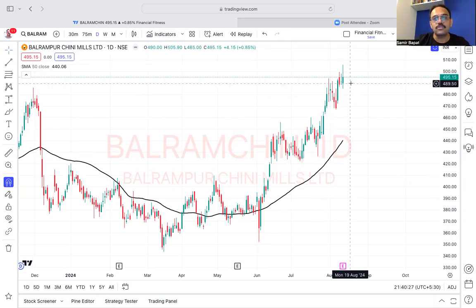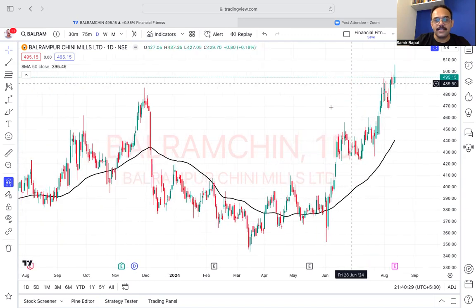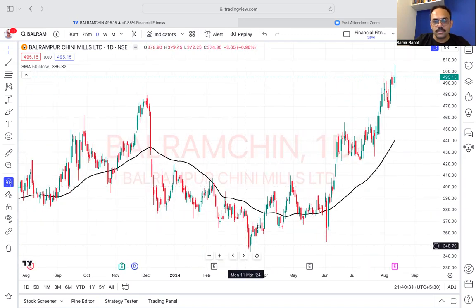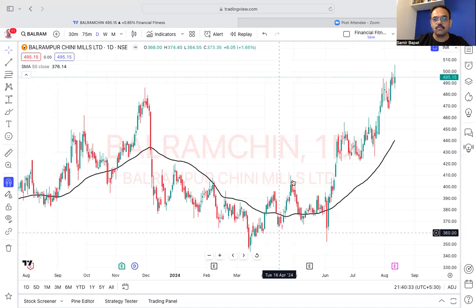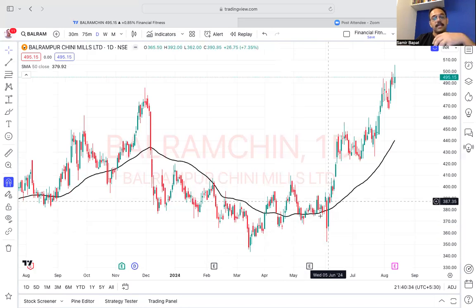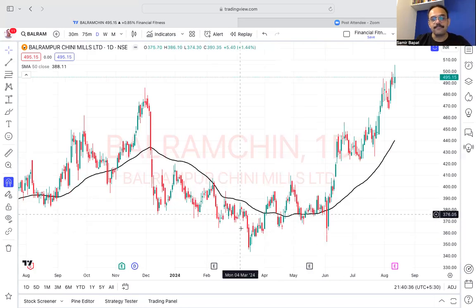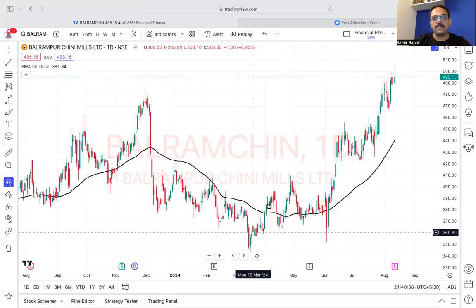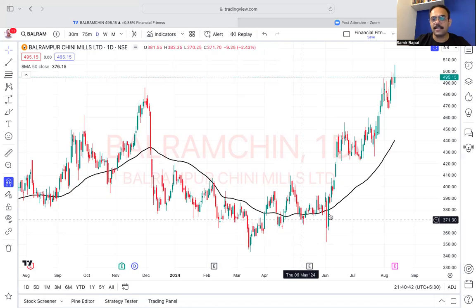But where we will lose money in simple moving average is when it moves sideways. That means it goes down, goes up, goes down, goes up. If we are following SMA, then we might buy here, sell here, buy here, sell here, buy here, sell here.